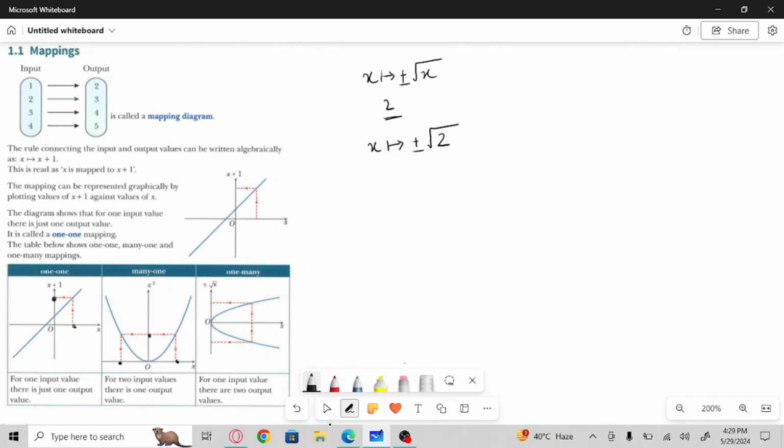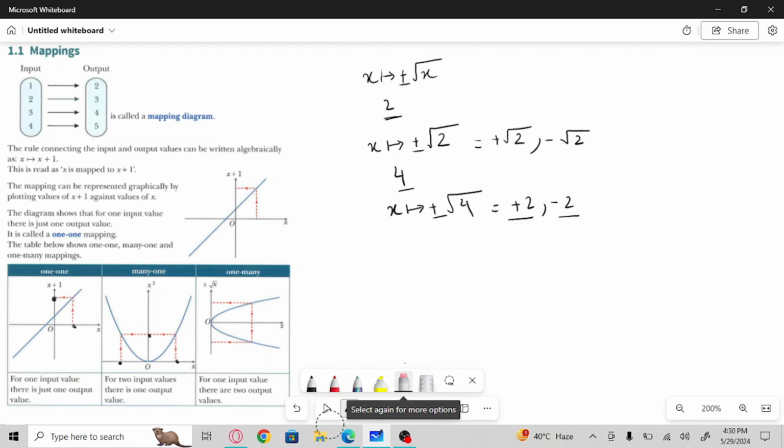So for one input value, we are getting two output values in the form of positive square root of 2 and negative square root of 2. And specifically if we take 4 as the input in this type of mapping, we get the answer plus minus square root of 4, which is equal to positive 2 and negative 2. So for one input, we are getting two different outputs. So this comprises the one-many function.